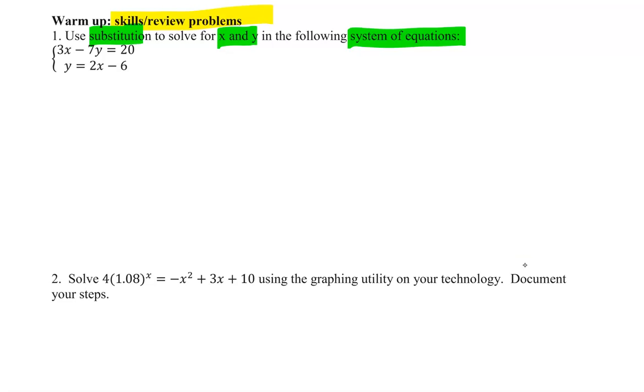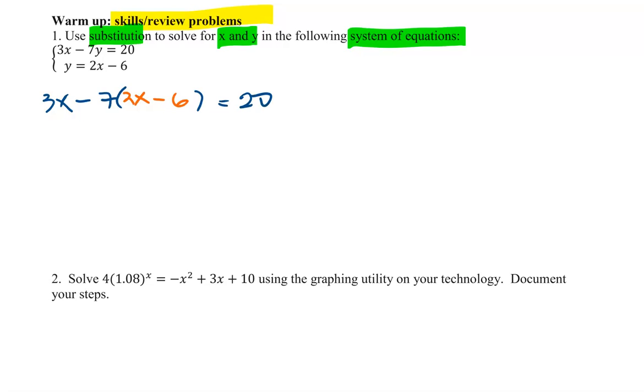We're going to substitute that into the first equation. So the first one, 3x minus 7, we're going to substitute the value of y here, which is 2x minus 6, is equal to 20.